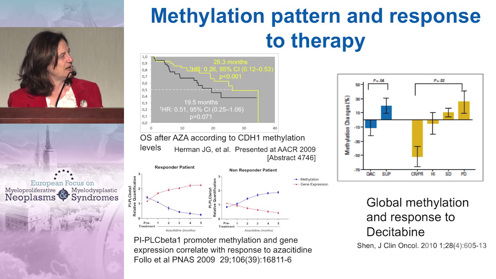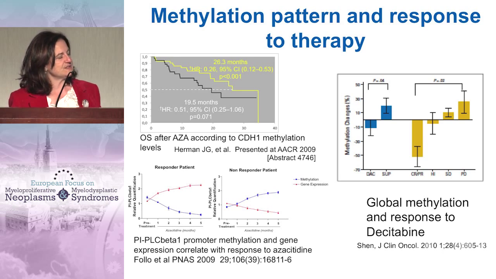We compared patients with CDKN2B methylated. You see that they will respond better to azacitidine than to conventional care regimens. But once again, this was not enough to predict response to treatment. And this was done with cadherin, another gene promoter.